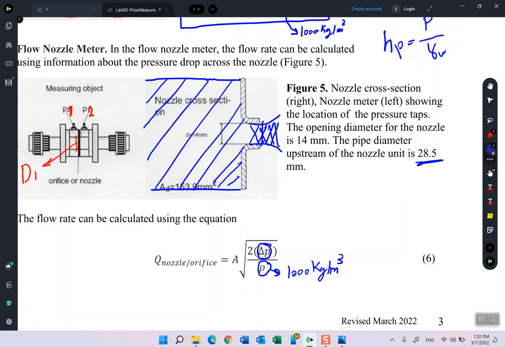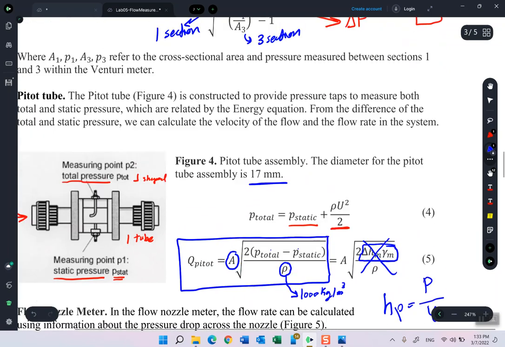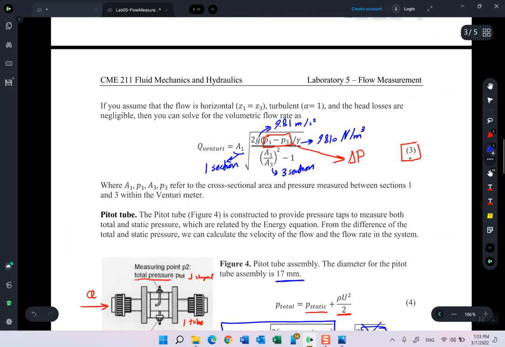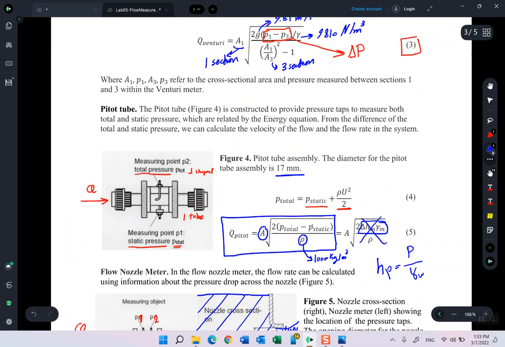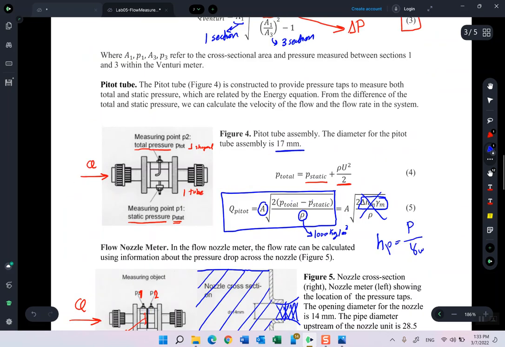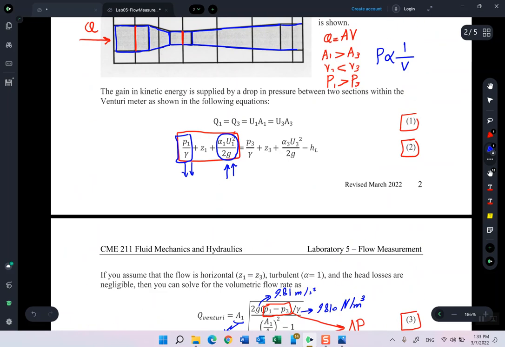So the whole idea behind this experiment is to get the pressure difference between two sections and apply any of these equations to get the discharge. And if you didn't notice, equation 3, equation 5, and equation 6, all these equations were derived from the continuity and the energy equation.